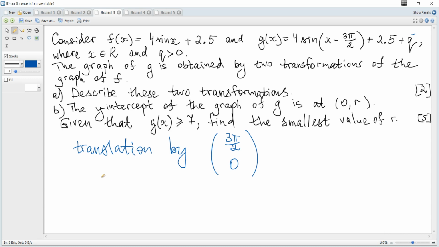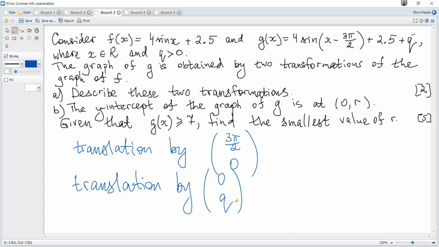Or you may write just translation by (0, q), and it implies vertical because it's the y coordinate, and plus implies up.